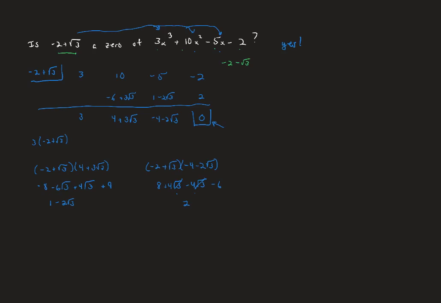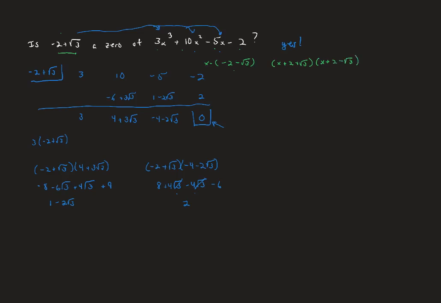So if this is a 0, then x minus that will be a factor. So one factor is going to be x plus 2 plus square root of 3. That's from this one. And a second factor is going to be x plus 2 minus the square root of 3.